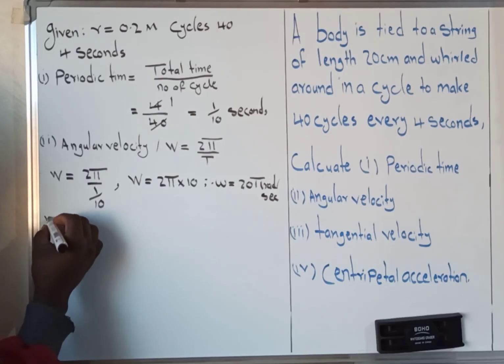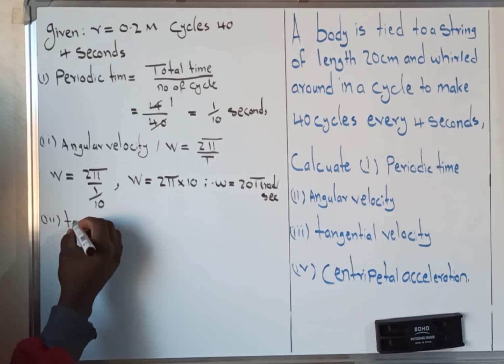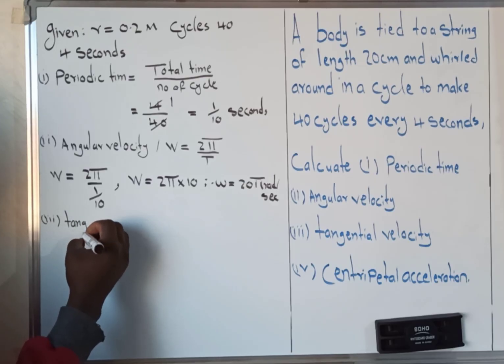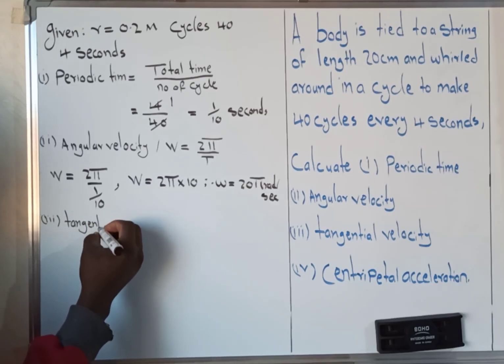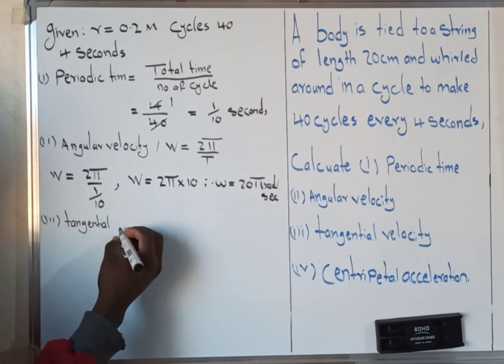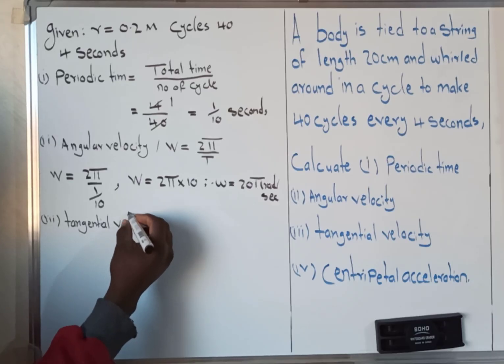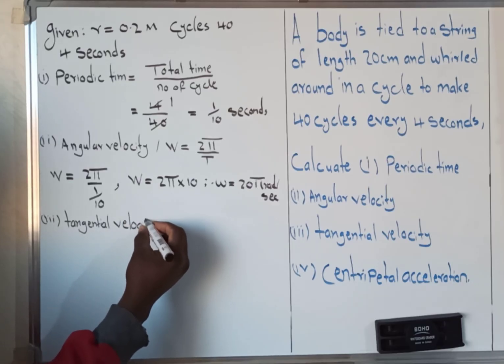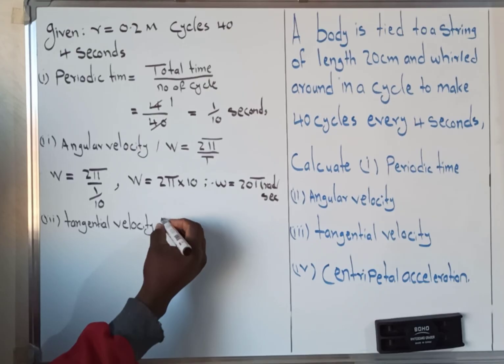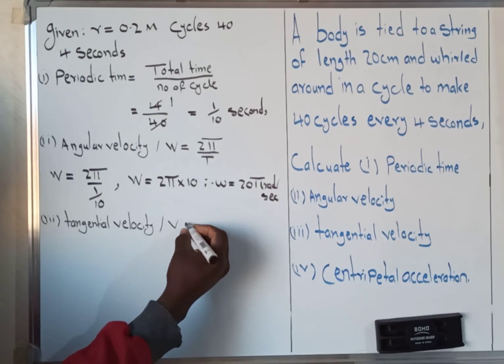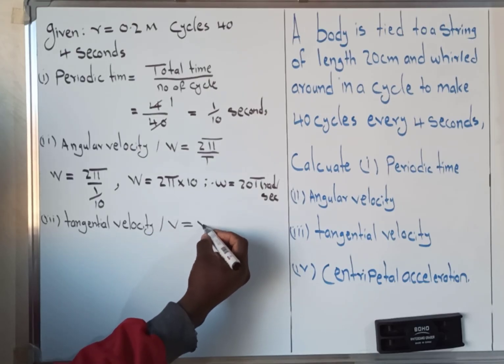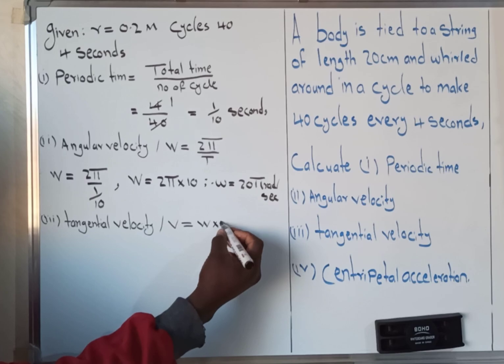So let's write it. That is the third. We have tangential velocity, which is the same as v, equal to angular velocity times radius.